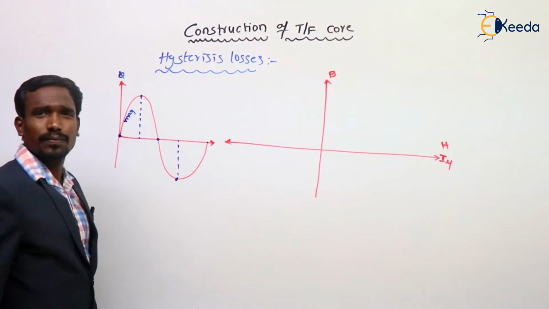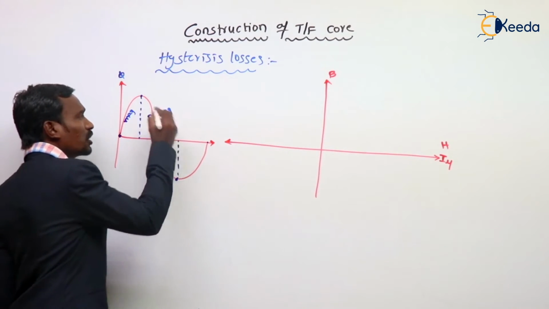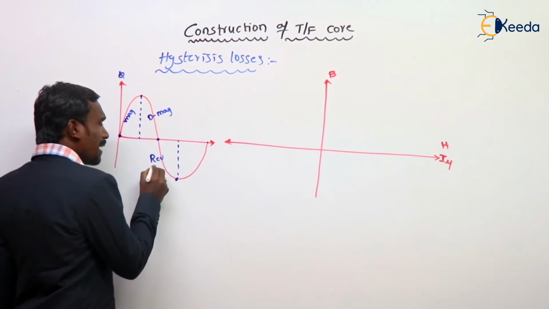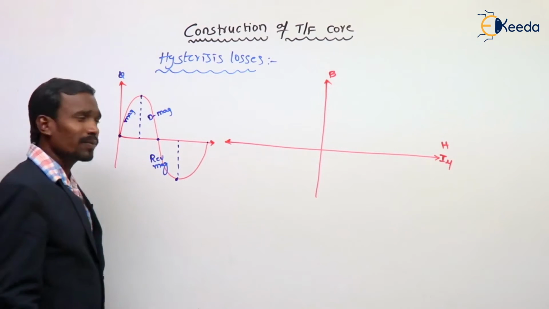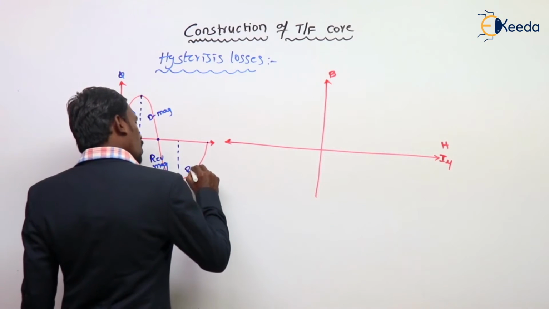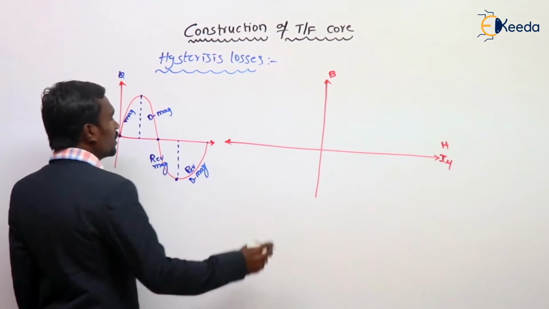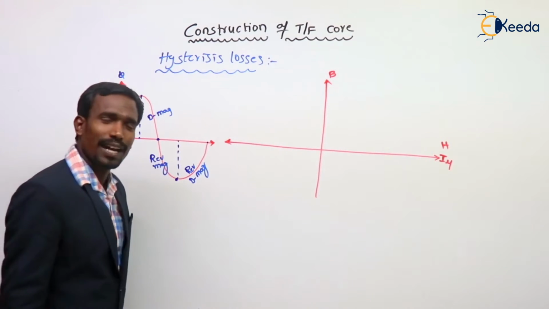This is called magnetization. This is called demagnetization. This is called reverse magnetization. And this is called reverse demagnetization.